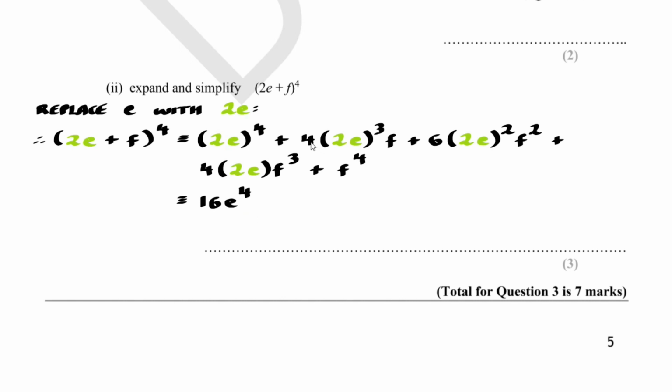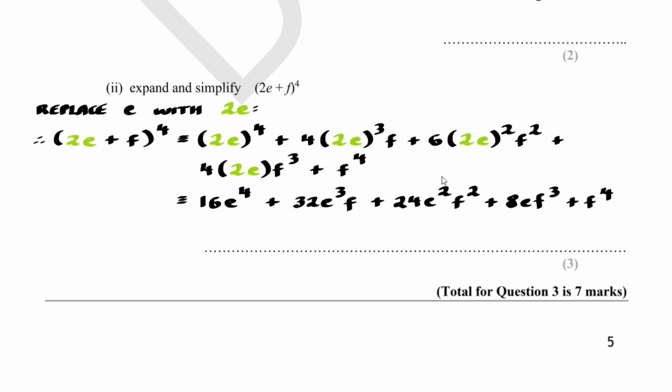And then here we have 4 multiplied by 2e cubed multiplied by f, that's 32e cubed f. Then we add on to this 6 times by 2e squared times f squared. So that's 24e squared f squared. We add on to this 4 times by 2e times by f cubed, which is 8e f cubed.